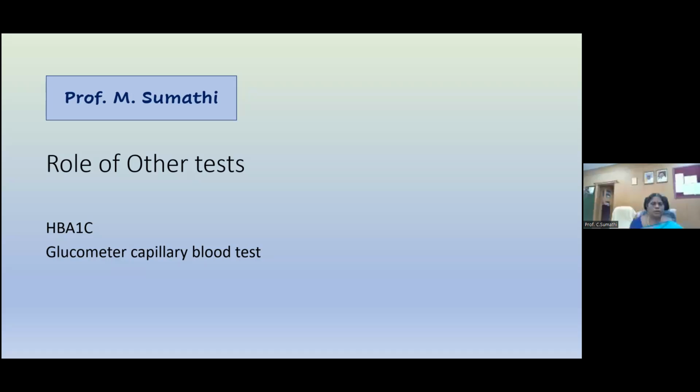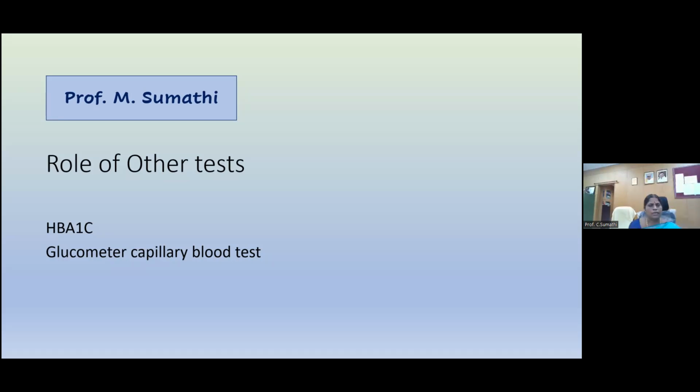I do not know much about whether it can be used as a diagnostic test. But when there is a person who is already a known diabetic, then for them HbA1c helps in pre-pregnancy counseling. Also in the first trimester, if you do it, we can find out whether they are prone to anomalies, and that gives guidance on whether the pregnancy can be continued or how to counsel.